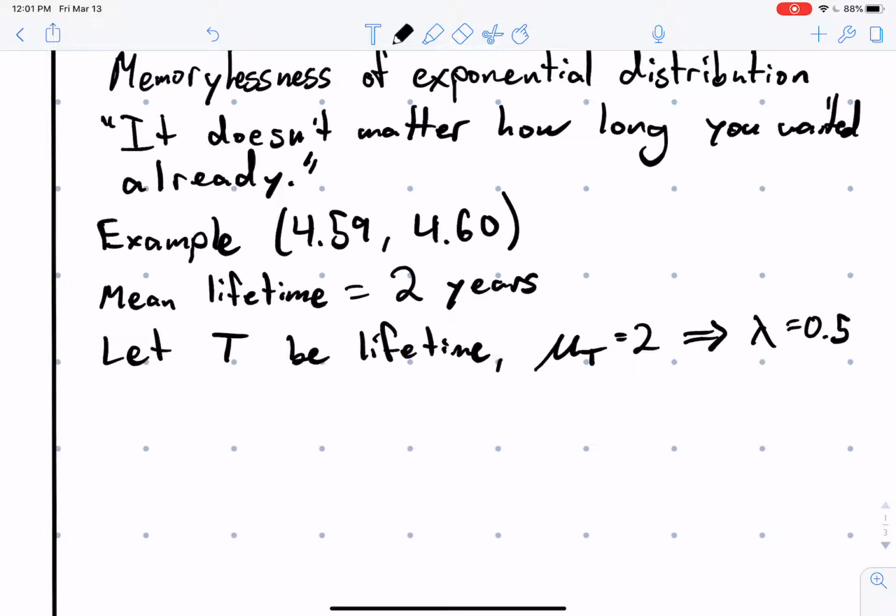That's the parameter for the distribution. So T is distributed as exp(0.5).